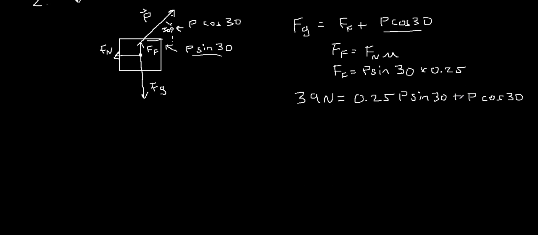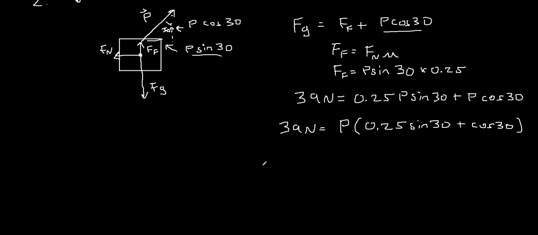Solving for P again, I would factor. So 39 newtons equals P times 0.25 sine 30 plus cosine 30. To solve for P, divide both sides by this entire value.